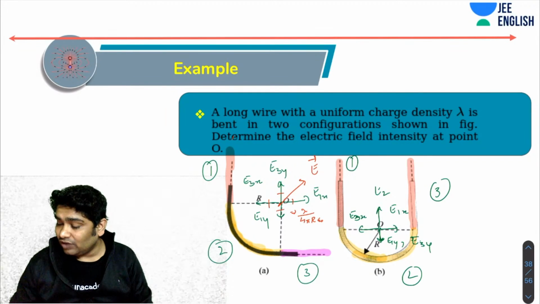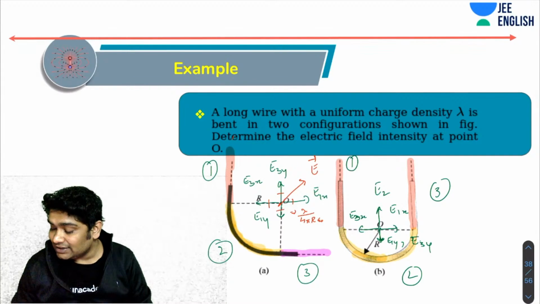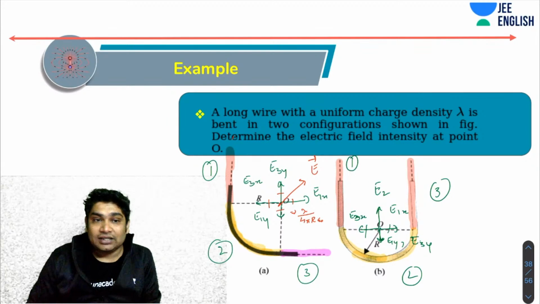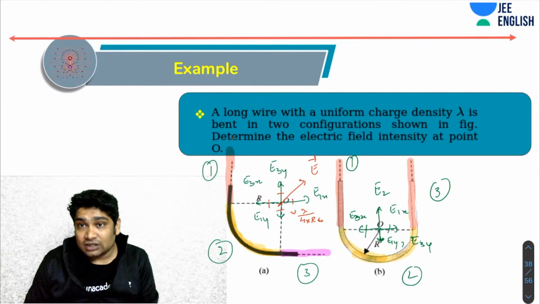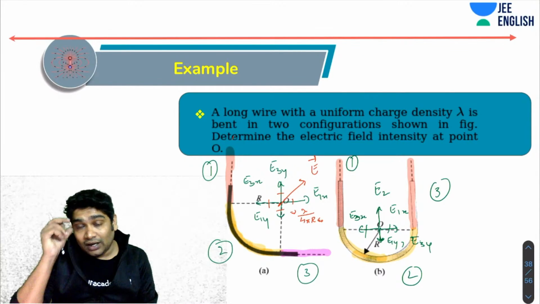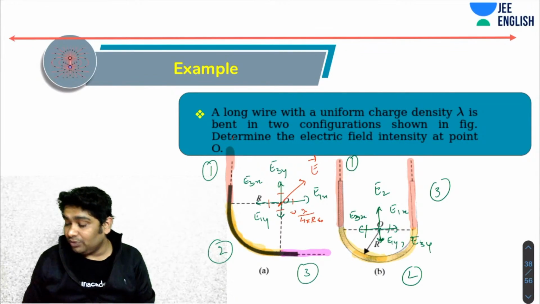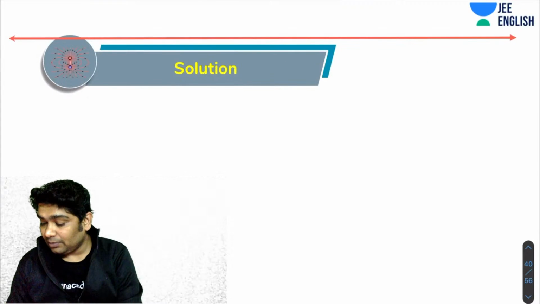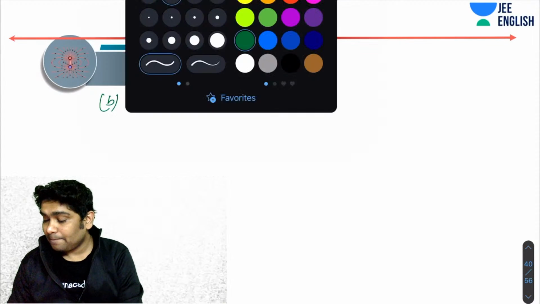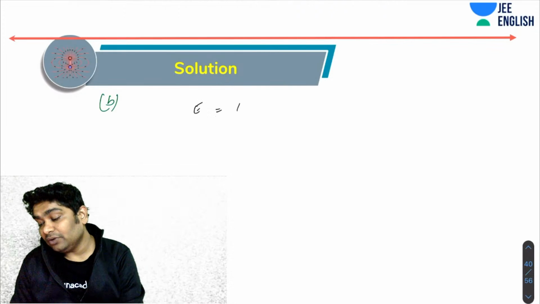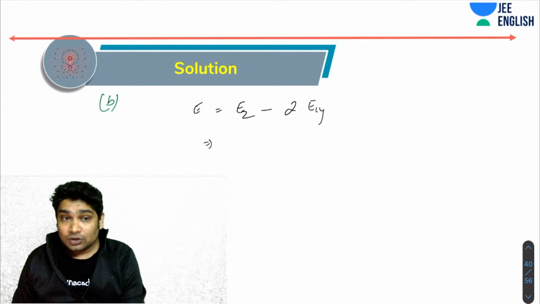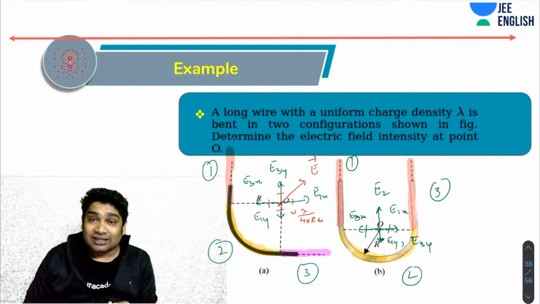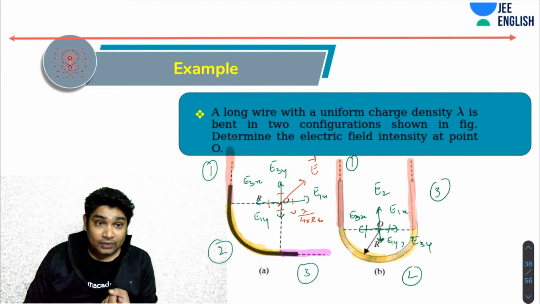Correct? So from what I can see is that this part and this part are cancelling each other out, and the net E for part B would be simply E2 minus 2 times E1Y or E3Y. Both will be equal. Okay, part B. So E would be equal to E2 minus 2 times Ey. Okay. What is E2? So for a semicircle, theta is now, how much is theta?